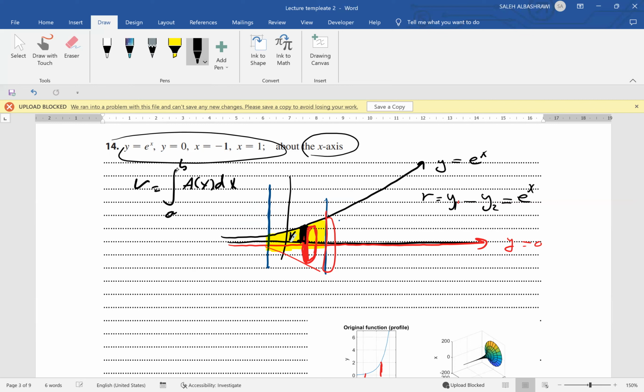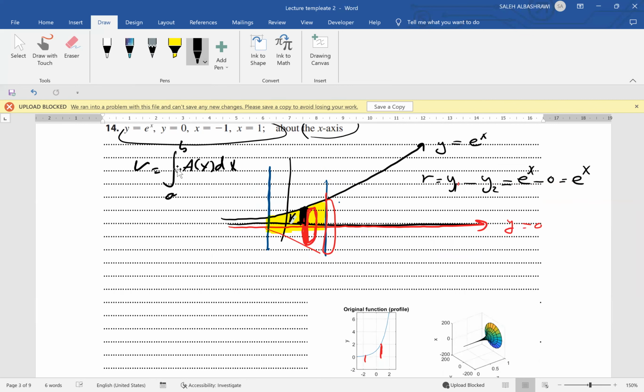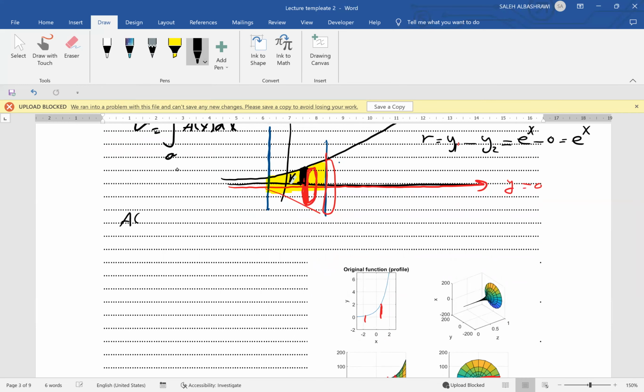That is e to power x minus 0, which is equal to e to power x. So A(x), which is given by pi r squared, equals pi times (e to power x) squared, or it can be written as pi e to power 2x.